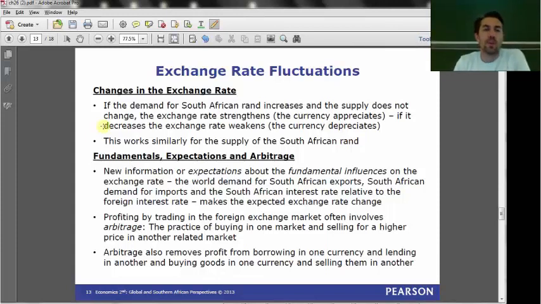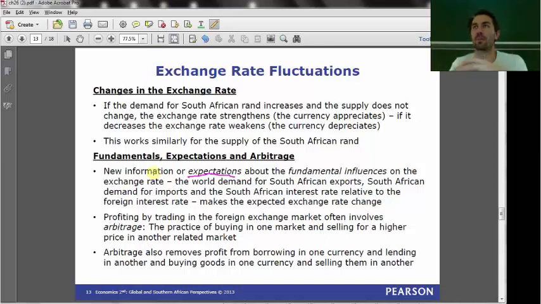Same applies for when there's a change in expectations or there's some sort of new information that enters the market. That can shift things. A change in expectations could be a change in preferences. Maybe we realize that all meat grown in South Africa, imagine the world realizes that if you eat it, it increases your lifespan by 5 years.